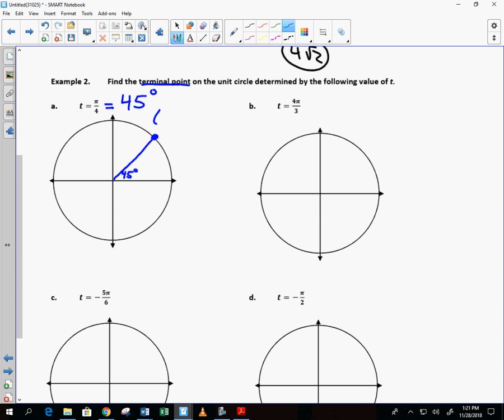I want to find that x, y coordinate. Okay? Is everybody okay with that? So what I'm going to do is I'm going to make myself a triangle. I will drop a side of a triangle down to the x-axis. You always drop it to the x-axis, never to the y-axis, always the x-axis.